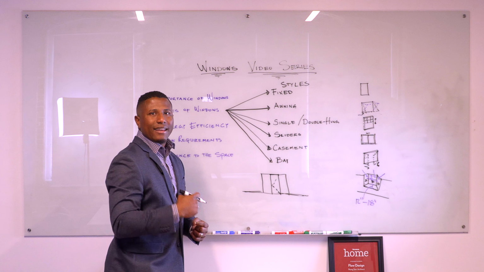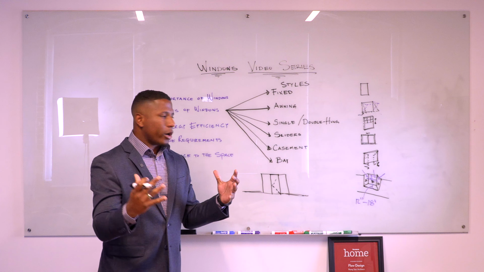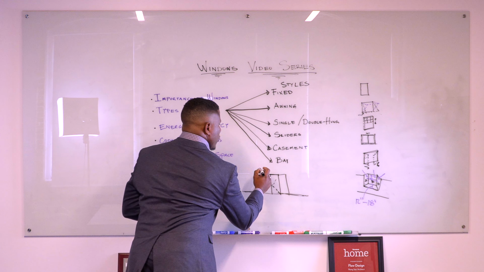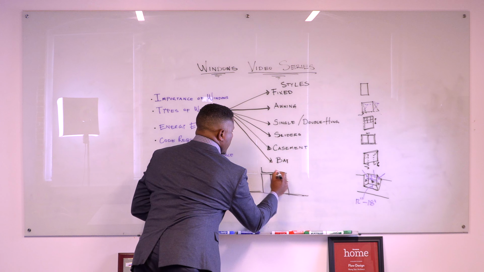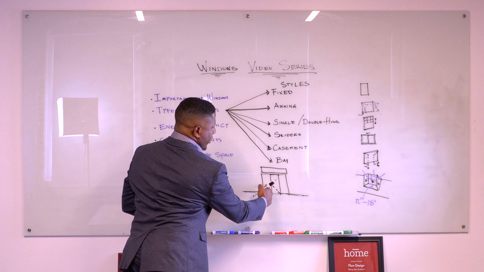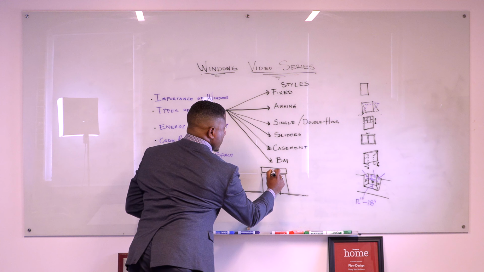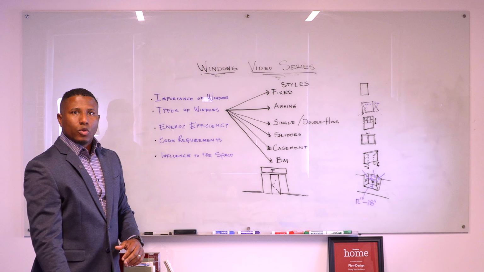But you decide, hey, it would be kind of cool to open up even more. What you could do is have a fixed window right above that door and side lights, to bring even more light into your space.